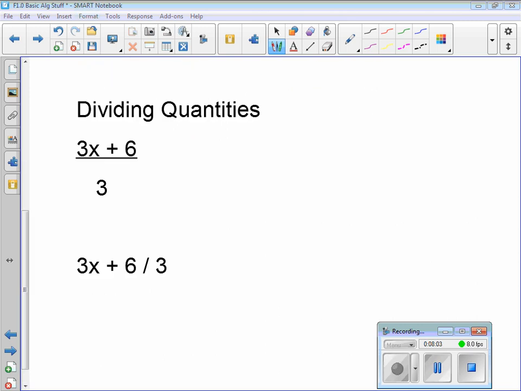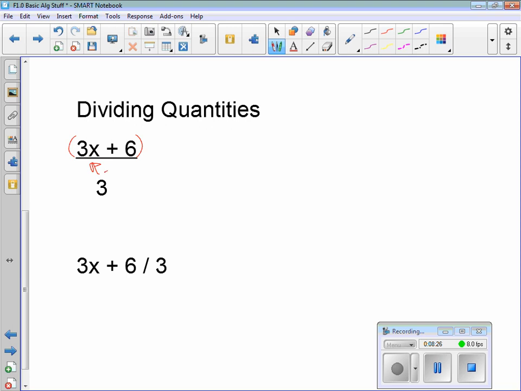And there's this one. Let's look at dividing quantities. So the thing on top is a quantity, okay? It's 3x, and the 6 is tied to it by addition, okay? So what I would encourage you to do is see that as one big block of numbers that are tied together. You can't just take the 3 and divide it into one part of that.